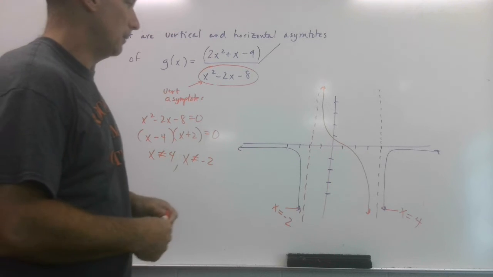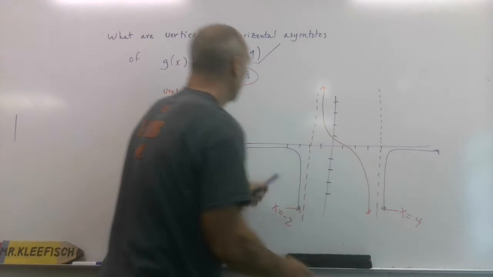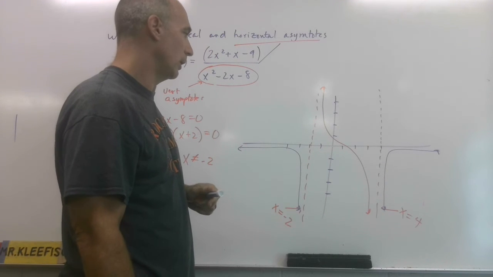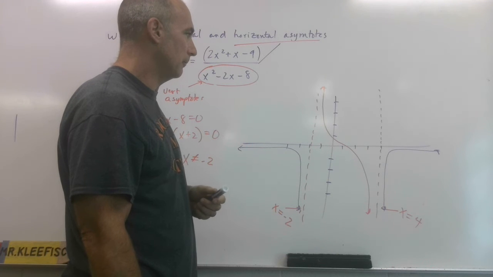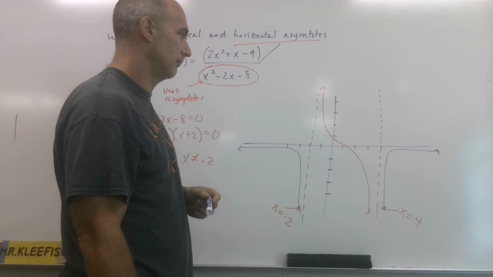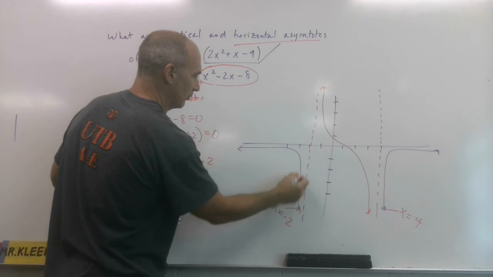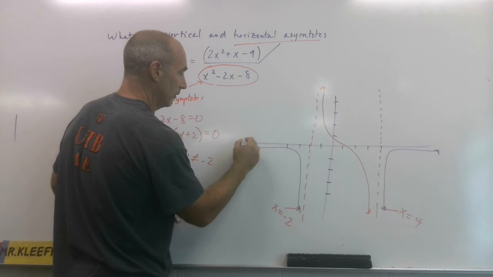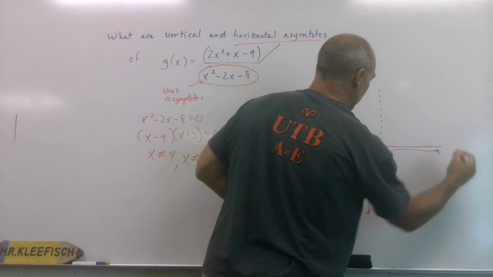Now, we've got to look for our vertical asymptotes. Nailed them. Are there any horizontal asymptotes? No. Boy, hold on a second. We've got this one right here, where this is going up here, and this x-axis is actually a horizontal asymptote.